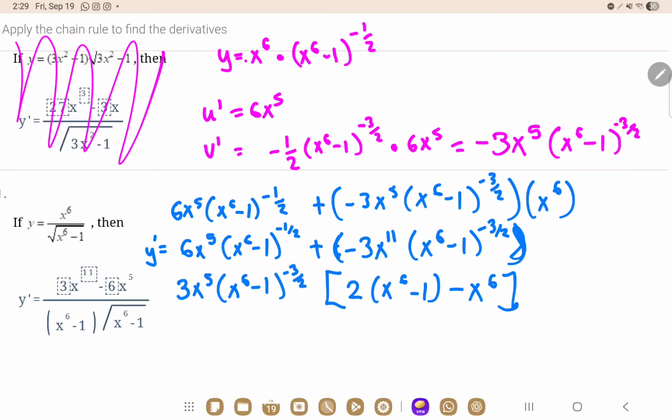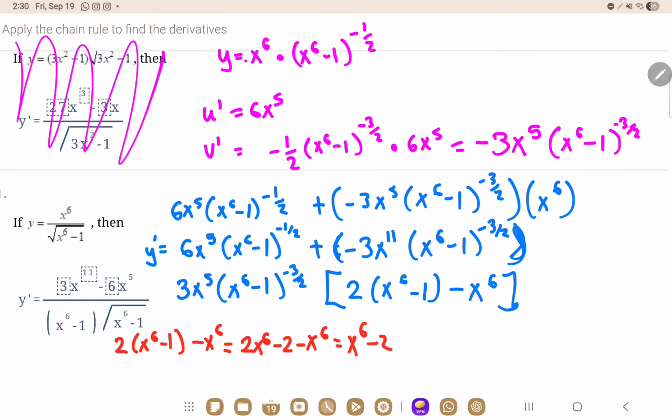Now we simplify everything inside the brackets aside: 2x^6 minus 2 minus x^6, which equals x^6 minus 2.